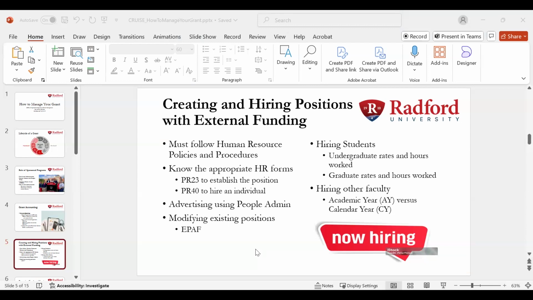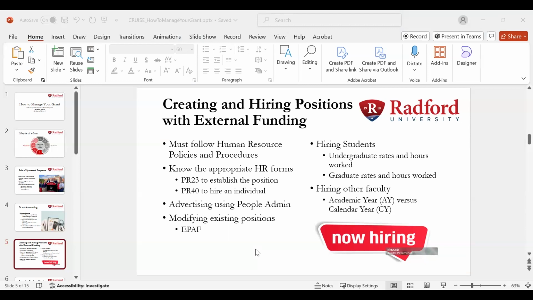So with the hiring of students, there has been some flexibility where we can pay student stipends. Again, it's all contingent on the level of work, when you're hiring students versus a stipend.